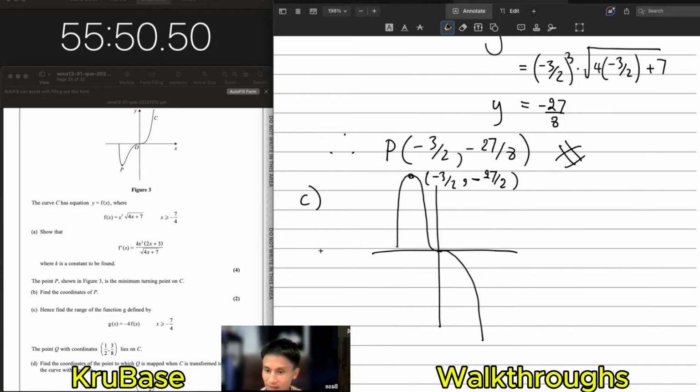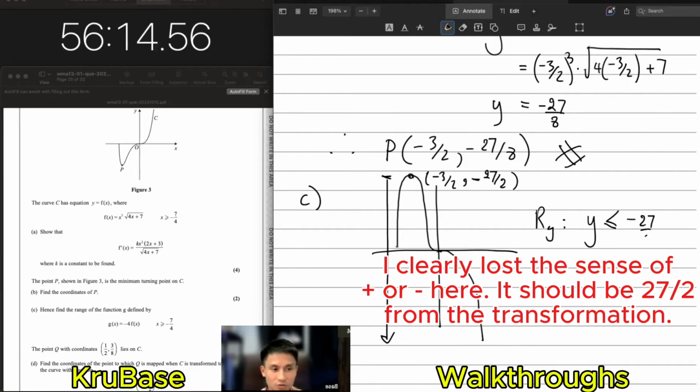And we want to find the range of this flipped function. So the range just starts from this point and goes down forever. All right, so the range of g would be y less than or equal to minus 27 over 2. Yeah, that would be my answer there, guys.